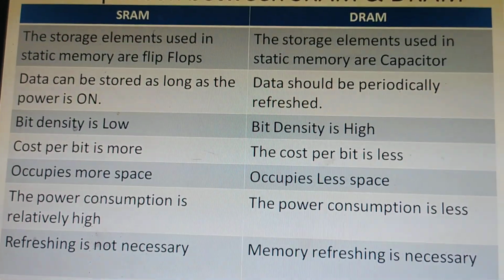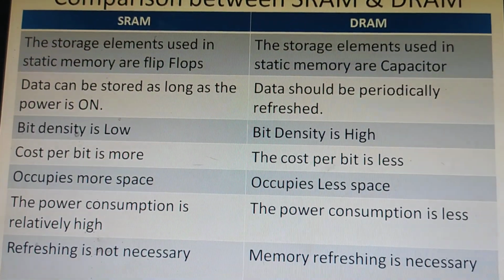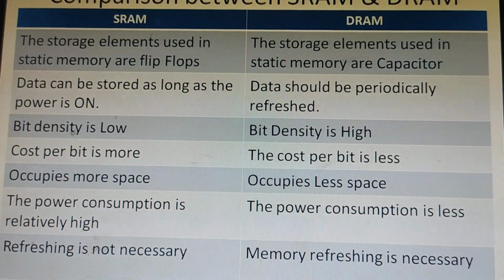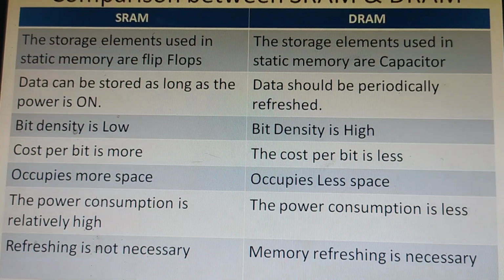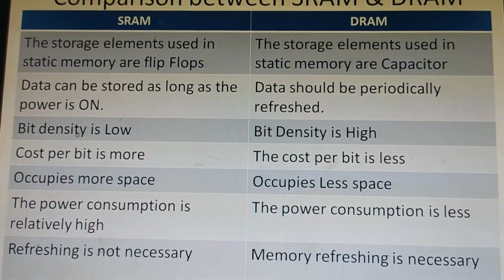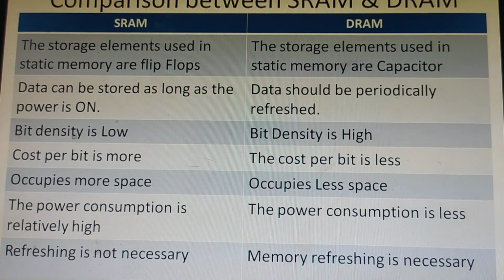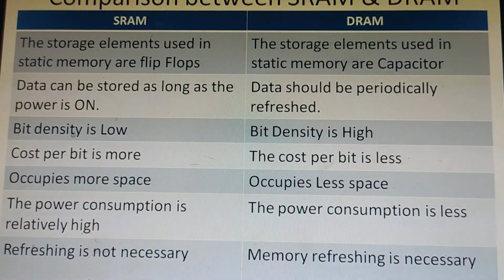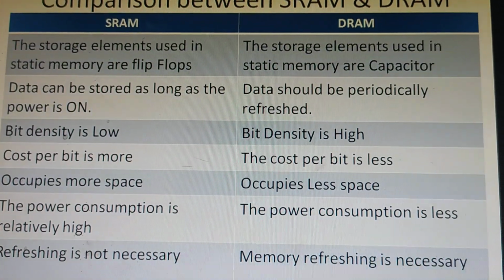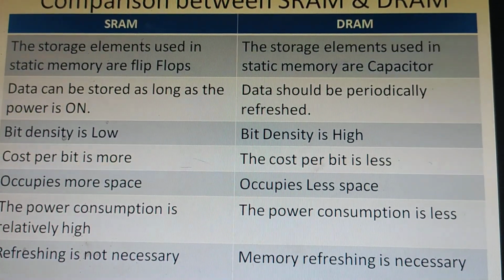Third difference: bit density is low in case of SRAM, bit density is high in case of DRAM. What is the meaning? Low bit density means it can store a very small amount of data in a very large space. Suppose given 1 inch of area, for example, it can store only 10 bits of data.